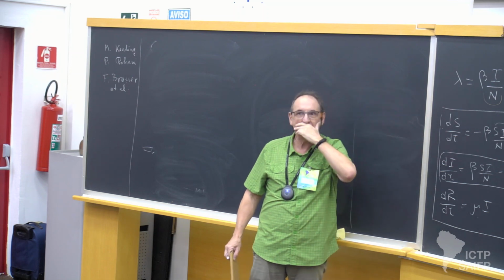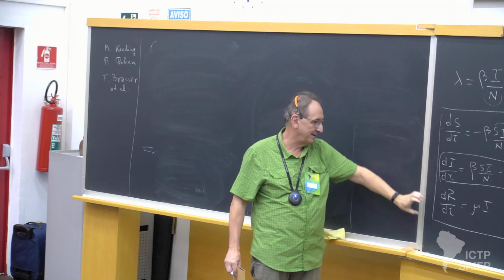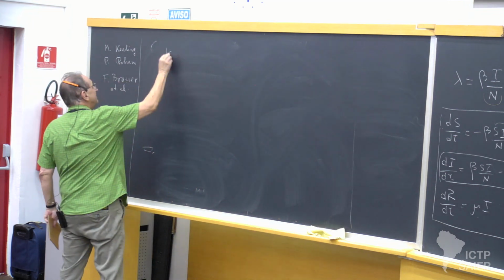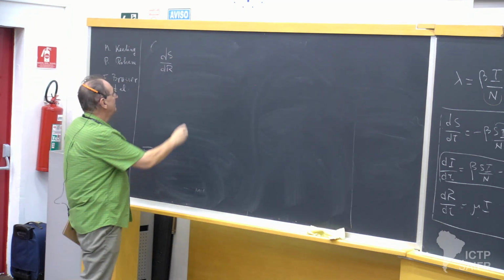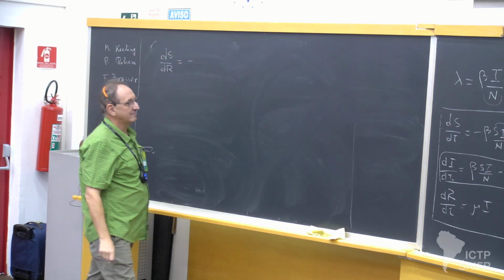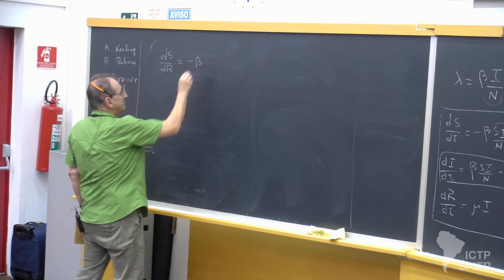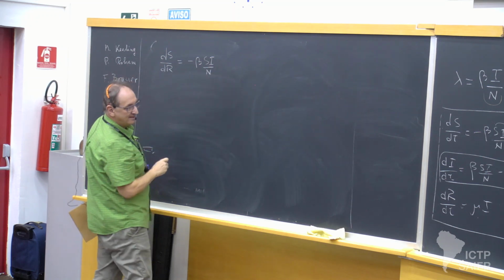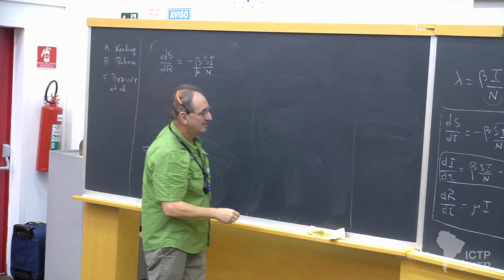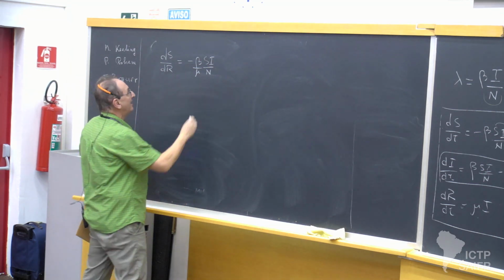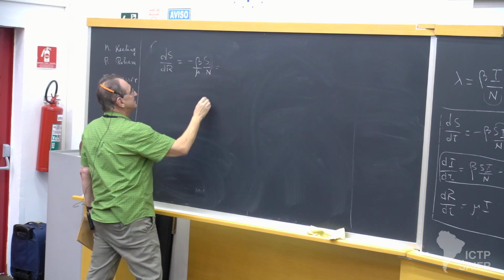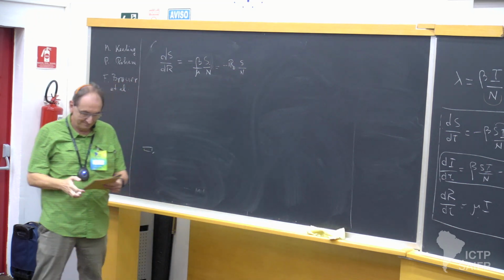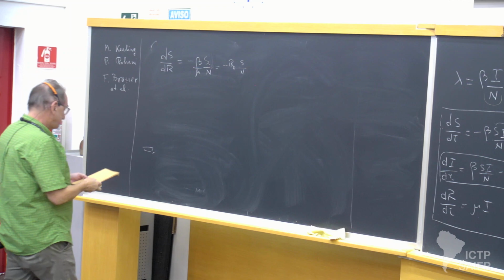For the horror of people that are more formal, I just divide this equation by this equation and cancel the dt's, which will give you dS/dR equal to minus beta S I over N, divided by mu I. So the I goes away, which is just minus R0 S over N. Which can be solved.